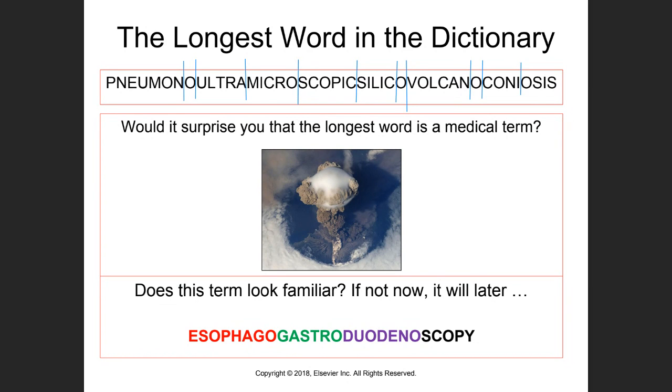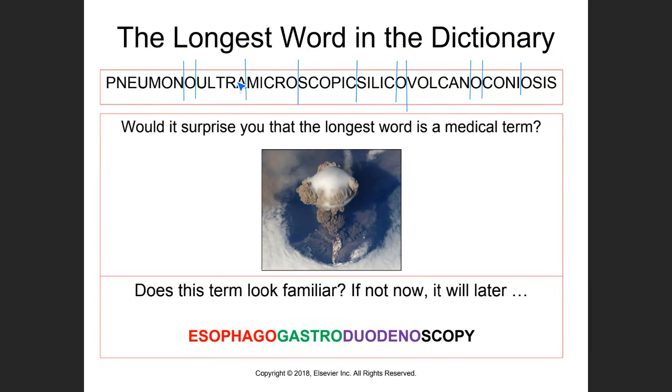So every time you see a combining vowel like this, it will give you an idea. Pneumon is going to be a word root. Silic is going to be a word root. Volcan is going to be a word root. And coni is going to be a word root. Okay? This is a peculiar word because you see prefixes in the middle of the word as opposed to at the beginning.